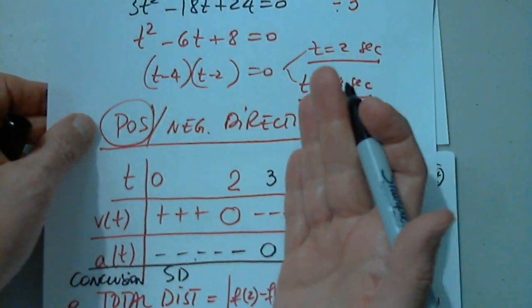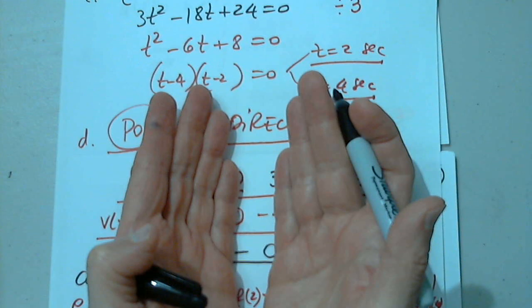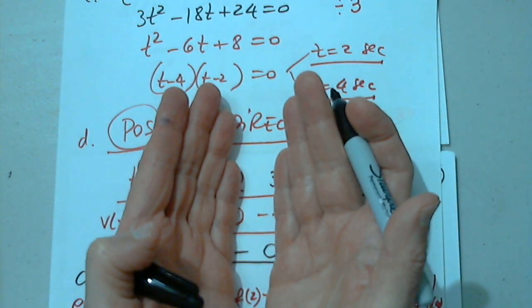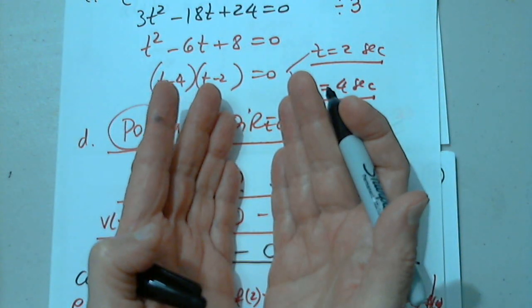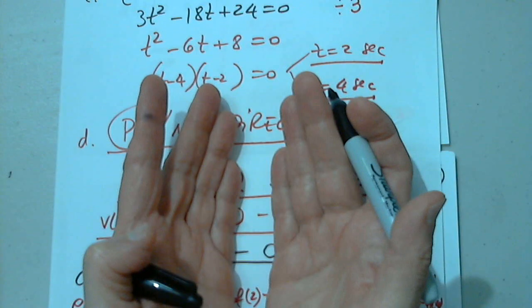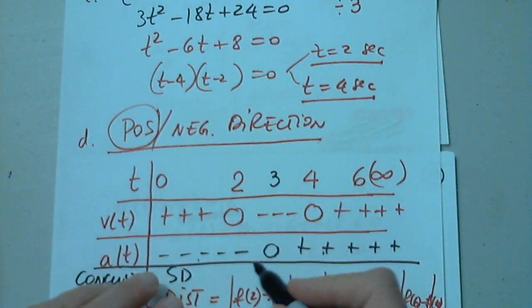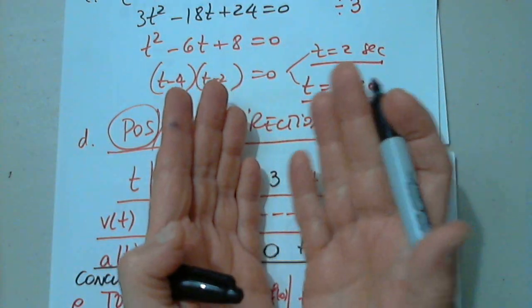Awesome. Okay. Here, the velocity between 2 and 3. The velocity is negative, but so is the acceleration. What does the particle do? In the opposite direction, but we don't care. Is it speeding up or is it slowing down? It's speeding up. Yes. Now the velocity between 3 and 4.